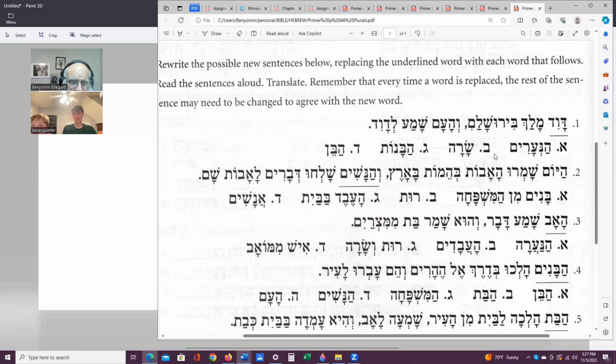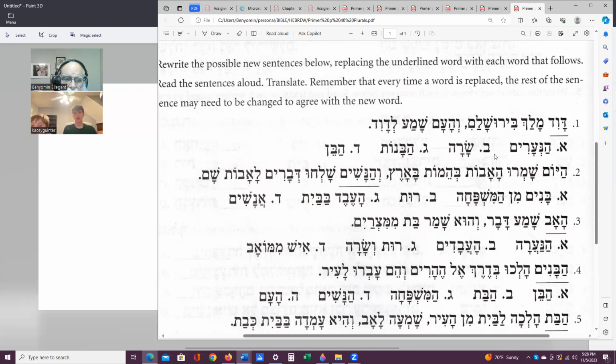But do we write the Hebrew words that need to be changed as English? Like, are we writing only in English? No. Just write the Hebrew words that need to be changed. Don't do any more translation. I mean, you can if you want. It makes my work a little harder, and it'll give you writer's cramp.